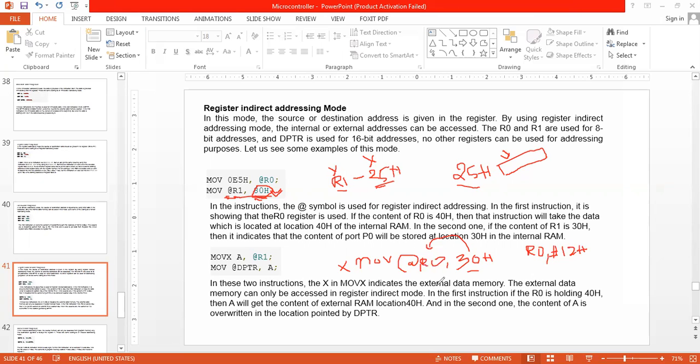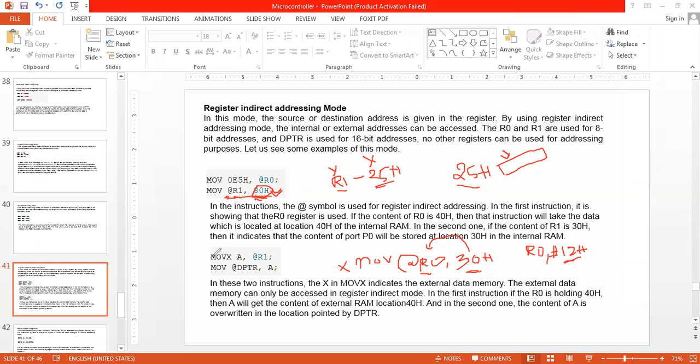Now what will happen? The data inside the 30H will not be copied into the R0 register, but wherever R0 is pointing, to the 12H. So into the 12H memory location, the data inside the 30H will be copied.